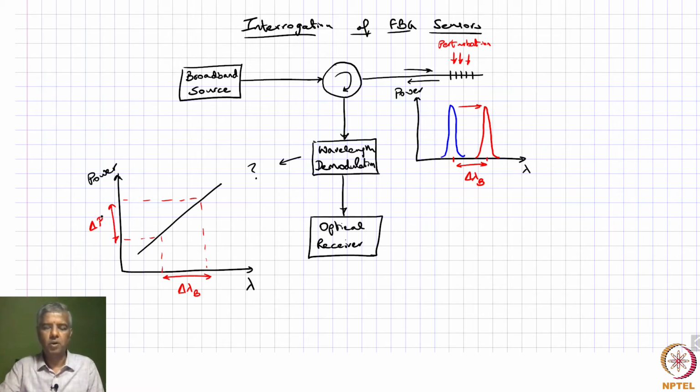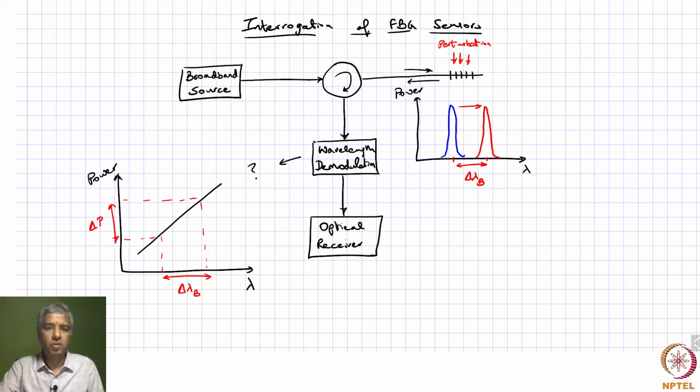So we want something that responds in a linear fashion with respect to the spectrum, and also something with as high a slope as possible, so that even for very small changes in delta lambda, you can get a large change in the power.